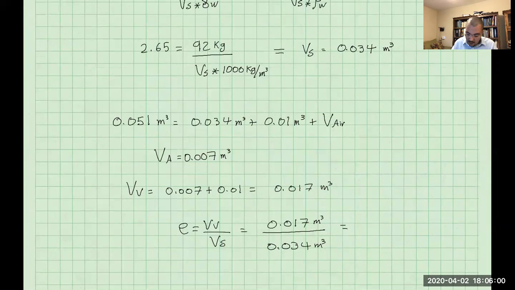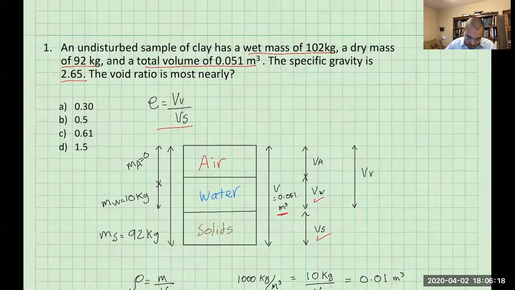And what will this equal to? 0.5. And this is our voids ratio. So answer B is our correct answer.